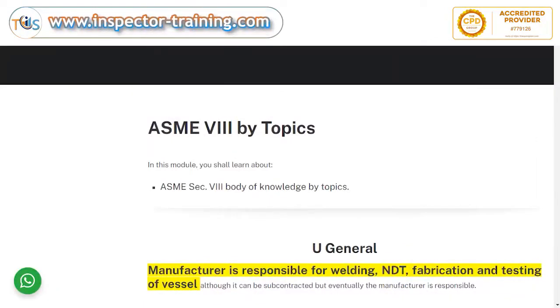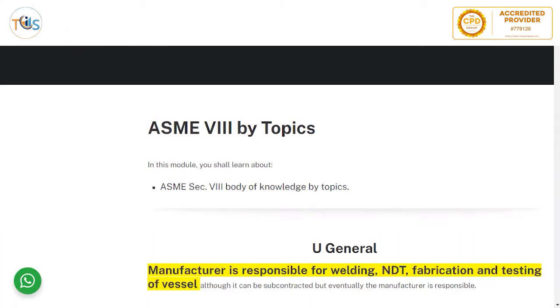ASME Section 8, Pressure Vessel Construction Code. Here we go through this by topics as it makes more sense. We have also rearranged it by sections.